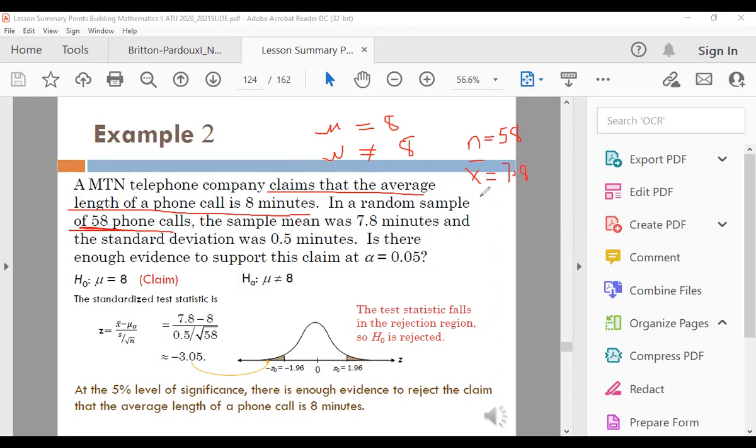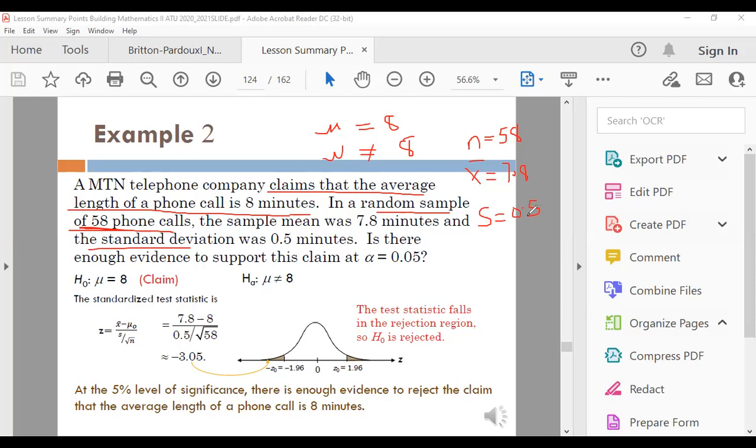And the standard deviation, remember, the standard deviation here is on the random sample. They didn't say the population standard deviation. So the standard deviation for the sample, which is S, is 0.5. Good. Is there enough evidence to support the claim?